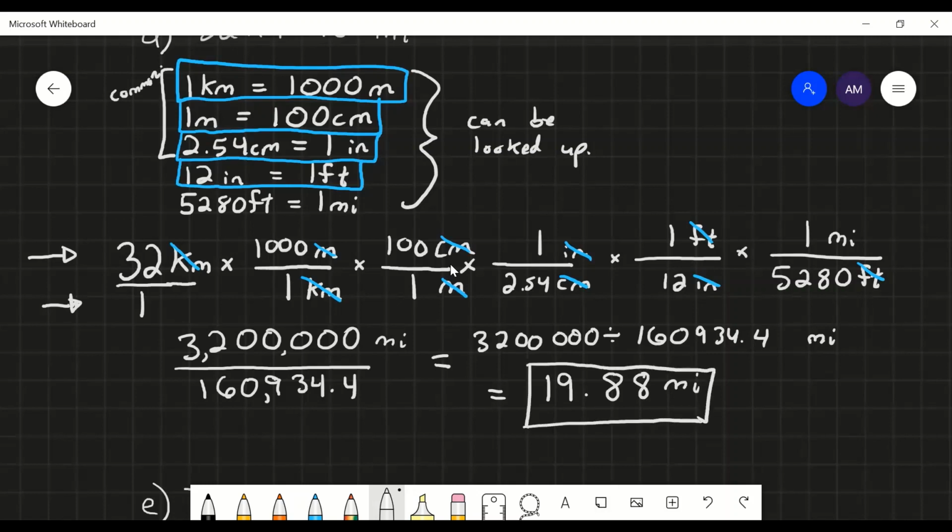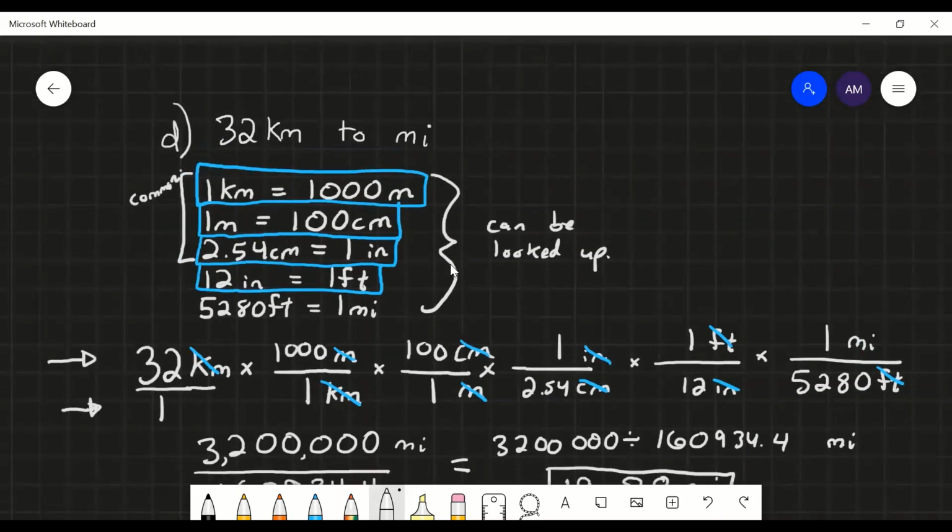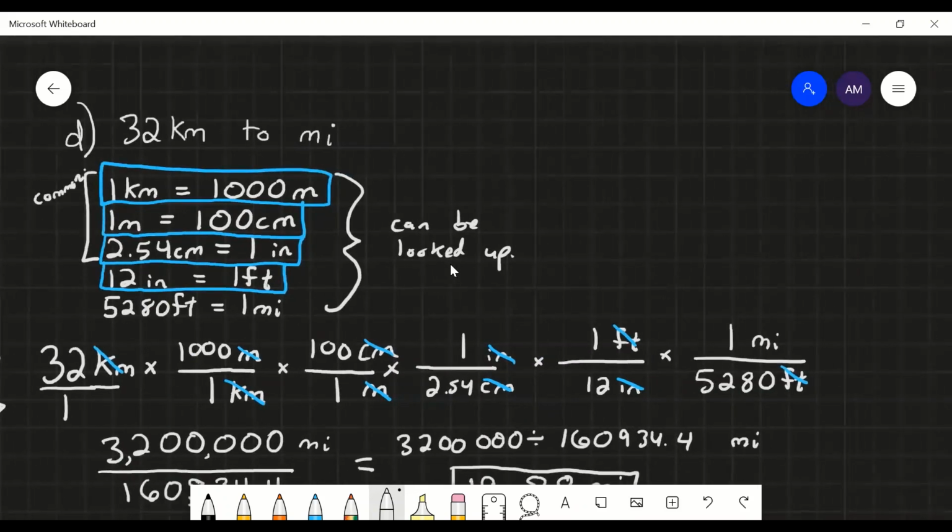Now, is there an easier way? Well, it turns out if you happen to know a better conversion, you don't have to do all of these steps. For example, it's commonly known that 1.86 miles is the same as 3 kilometers.